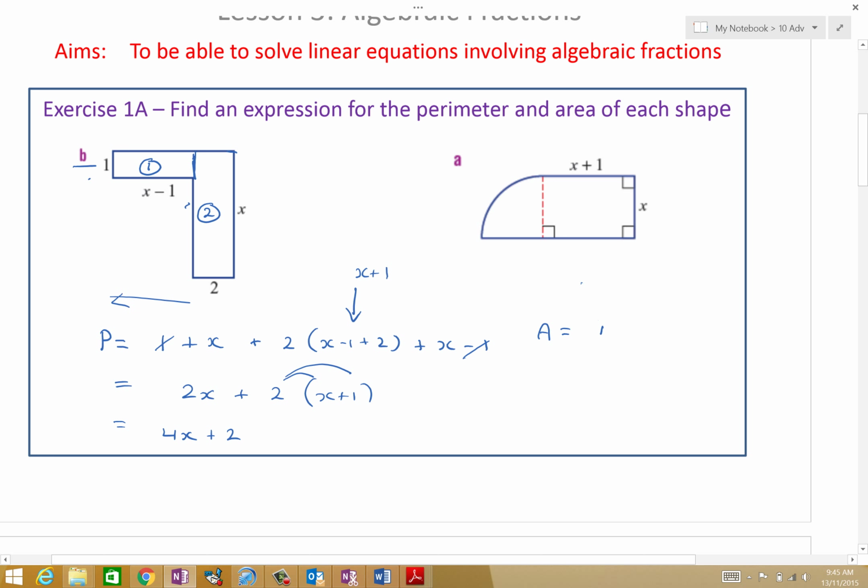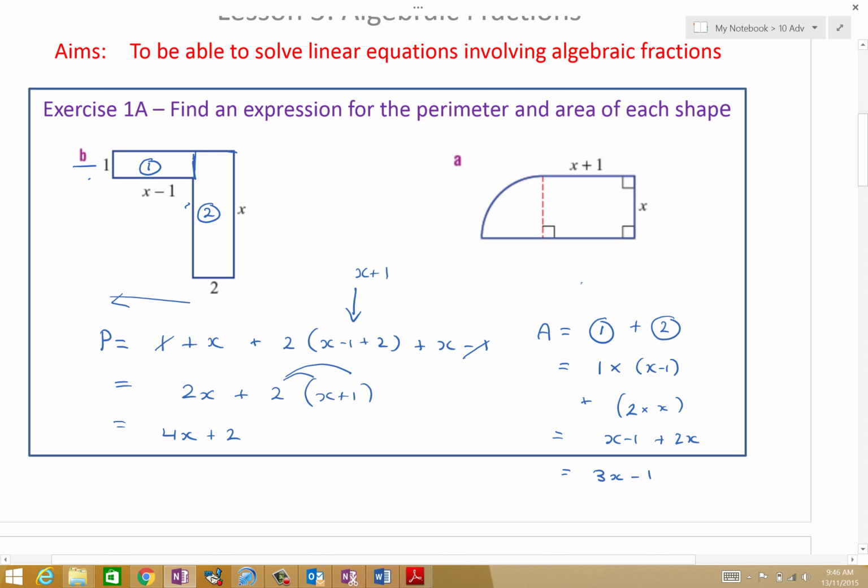So the area could be rectangle 1 plus rectangle 2, which is equal to 1 times x minus 1 and 2 times x, isn't it? Okay, so which is x minus 1 plus 2x, or is equal to 3x minus 1.